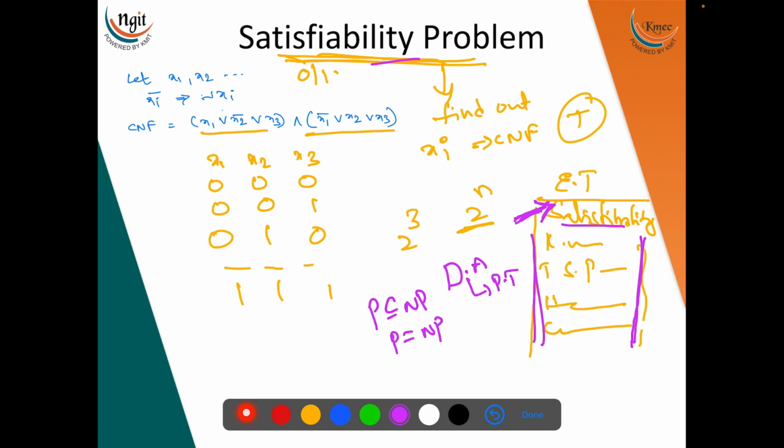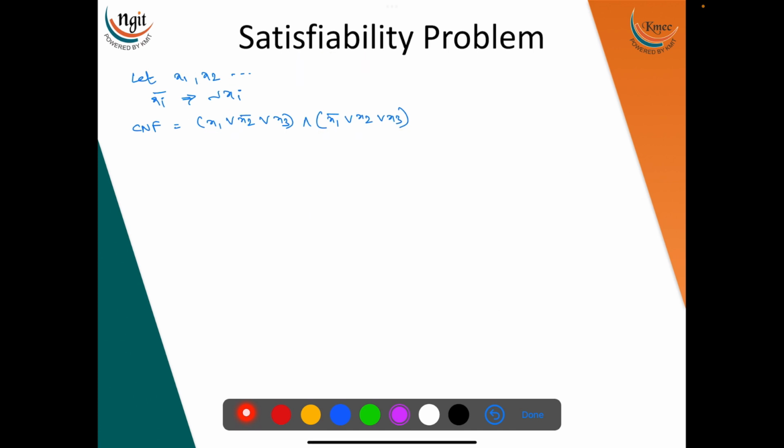Right? Now let's solve this satisfiability problem. How to solve it? I'm just taking three values, and for that I'm generating the state space tree. So x1 value can be 1 or 0.